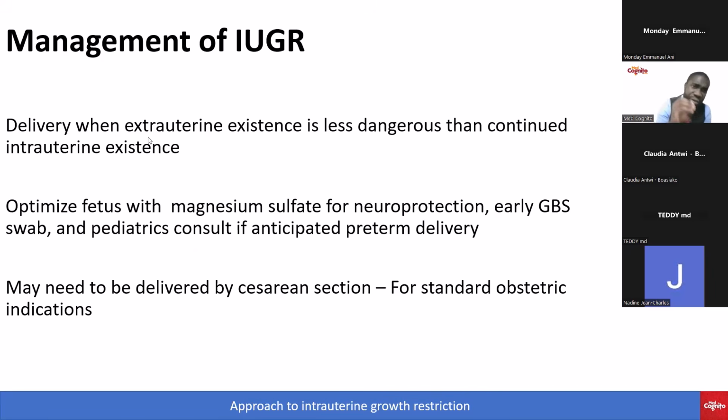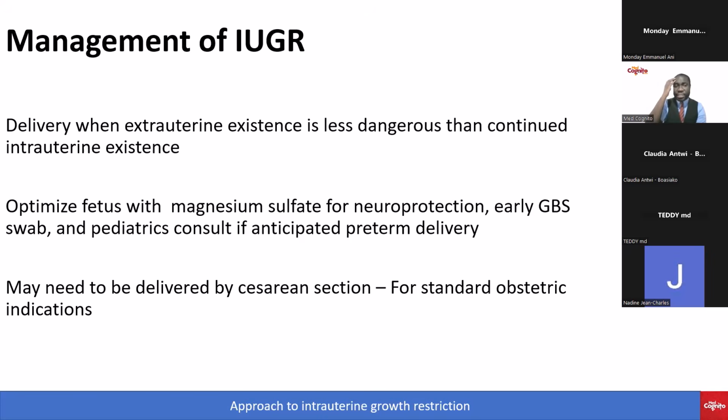Delivery when extrauterine existence is less dangerous than continued intrauterine existence. Okay, if when you deliver, the baby will do better than the baby still being in the mother's uterus, then you want to deliver. Then optimize the fetus with magnesium sulfate for neuroprotection.